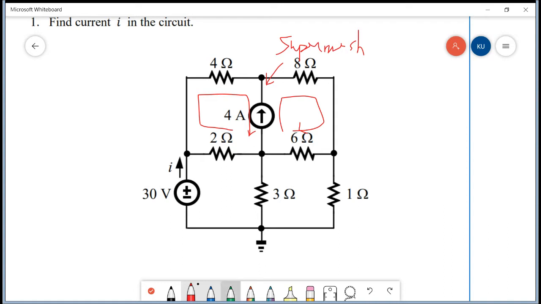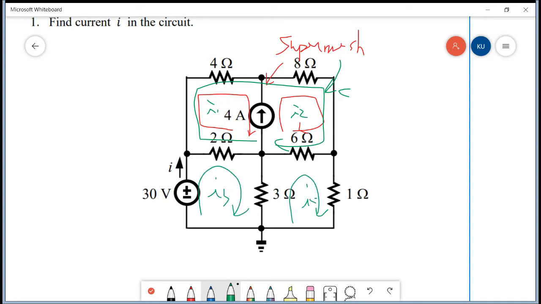Maybe I can call these I1, I2, this one I3, and this one I4. So we can write a mesh equation here, another one here, and then the other one here.